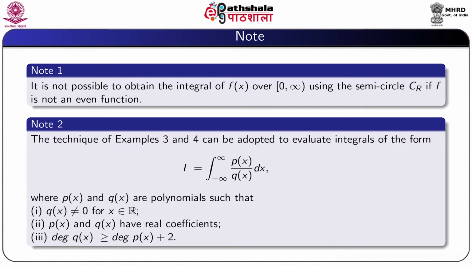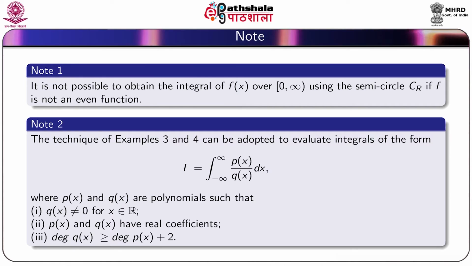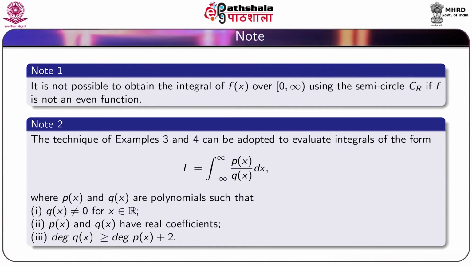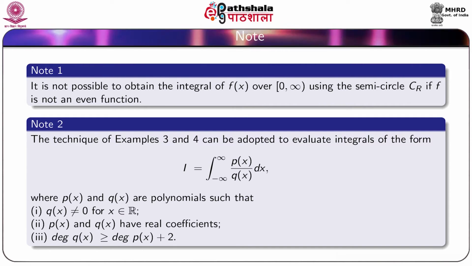So, now note, it is not possible to obtain the integral of f(x) over the interval 0 to infinity using the semicircle CR if f is not an even function.